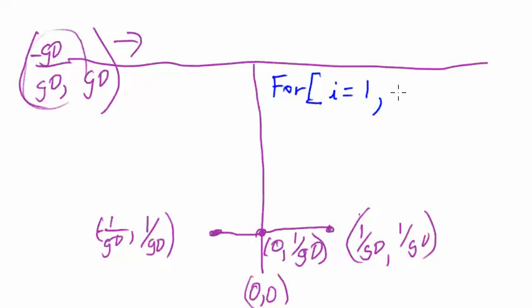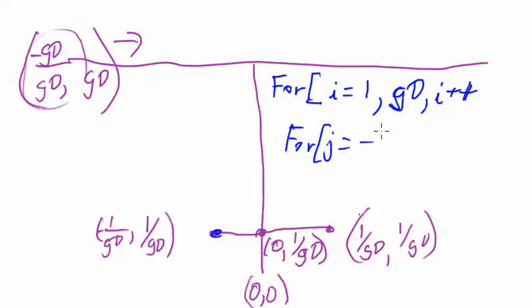So I from 1 to grid density, I plus plus, and then for j going from minus I to positive I, j plus plus.